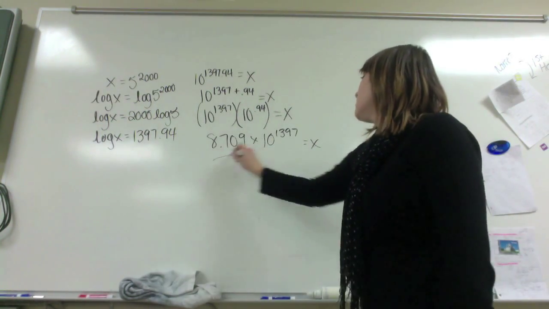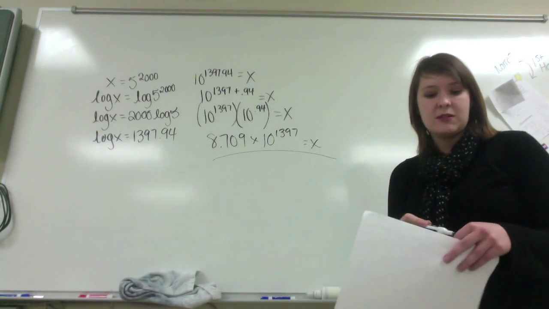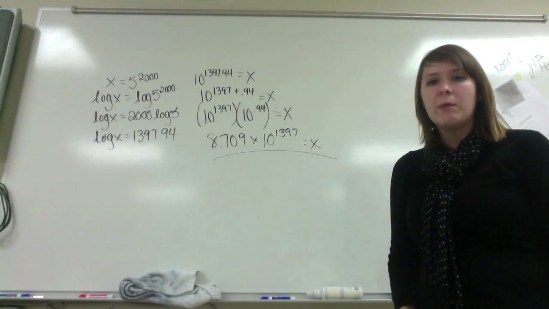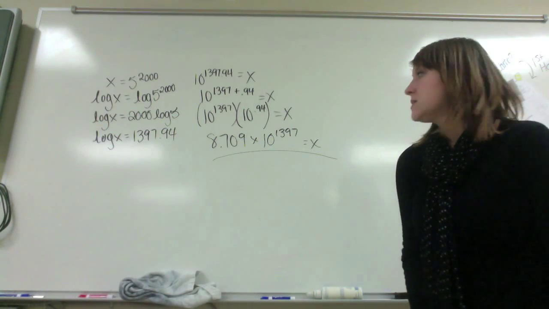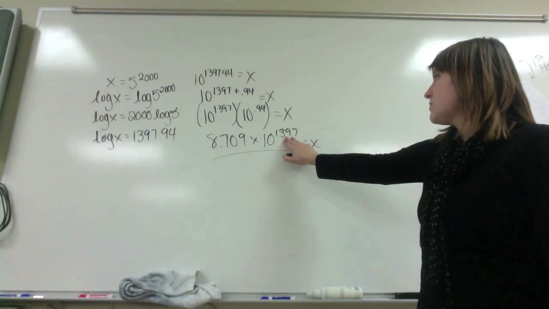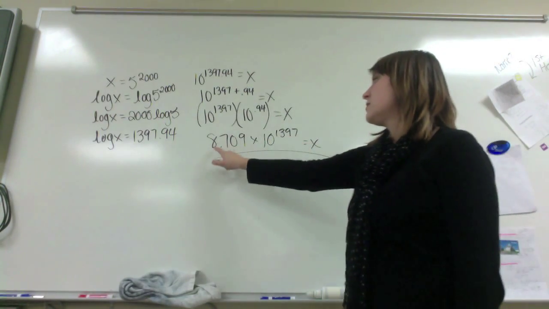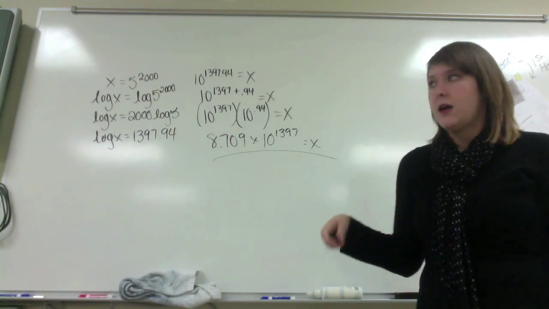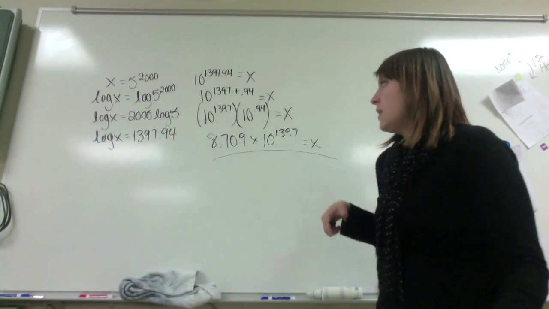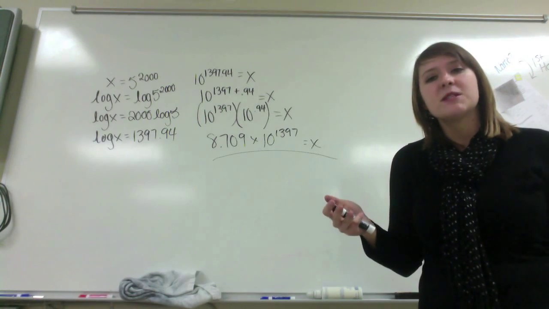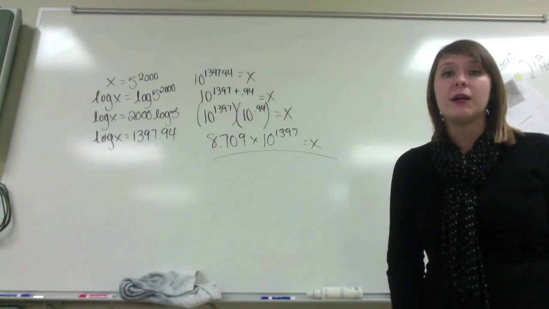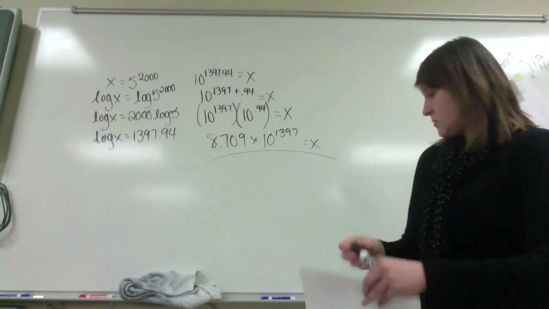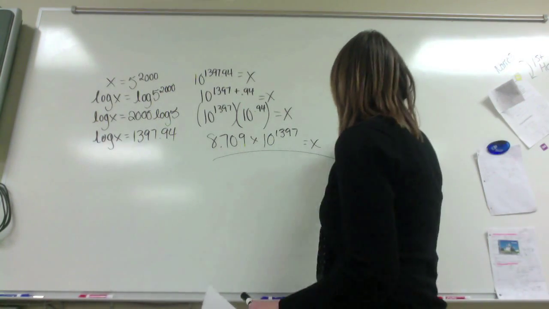What you should notice is now we have something in scientific notation, and that's what we want, because we know what that means. This means that I have a 1,397 digit number that starts with 8709. So I've got a huge number and it starts with this. That's not a very accurate representation, but it's about as accurate as we can get with a number this large.